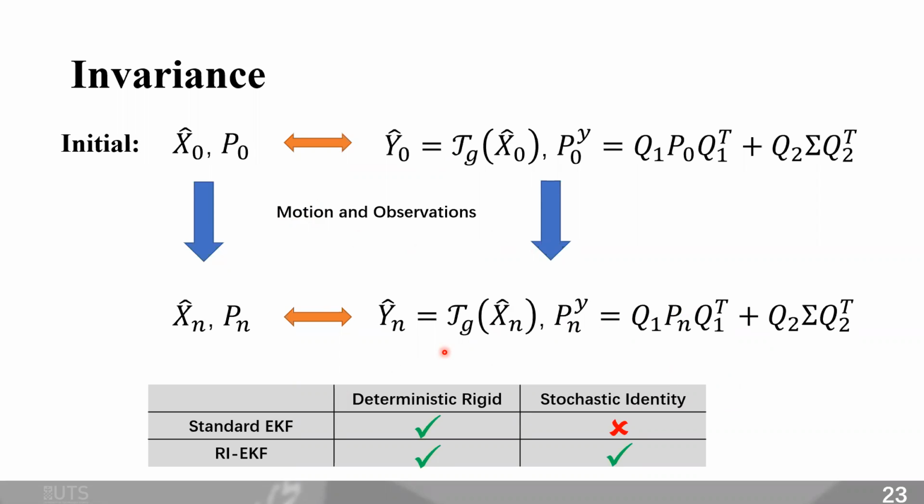So it should provide no information in the estimation of states. So what is Q1 and Q2 here? Q1 and Q2 are the Jacobians of this transform T. Okay.